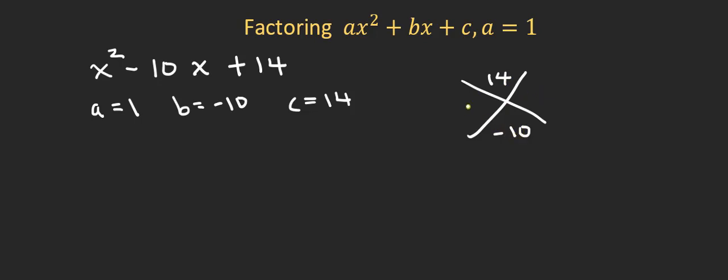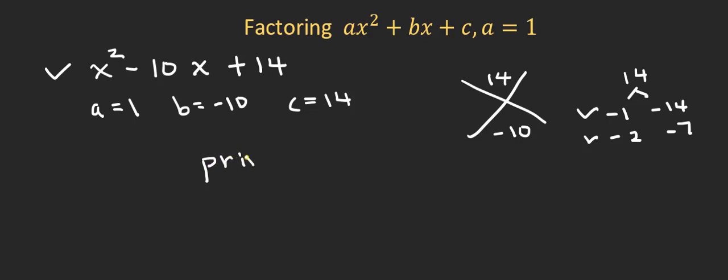Now, what are two factors such that when you multiply them, you get 14, and when you add them up, you get negative 10? Well, the factors of 14 are negative 1 and negative 14, and negative 2 and negative 7. But when you add these pairs, you don't get negative 10. So when that happens, you cannot factor this trinomial, and we call it prime, because it's not factorable.